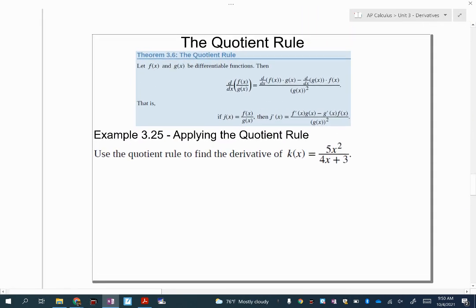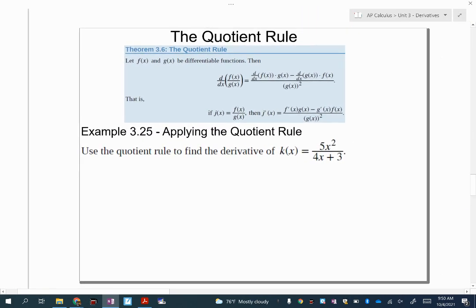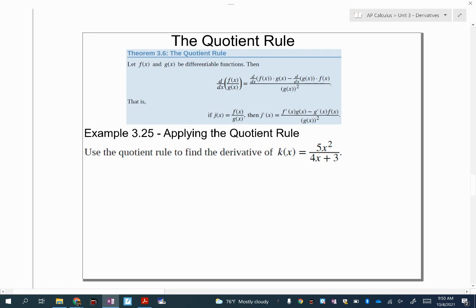All right, some more rules. Now, we just did the product rule. Here's the quotient rule. The quotient rule is a little bit tricky. There are some similarities to the product rule, but the quotient rule is going to be the derivative of the numerator times the original denominator minus the derivative of the denominator times the original numerator, over the denominator squared.